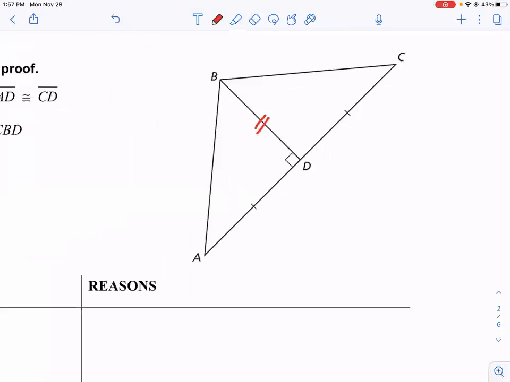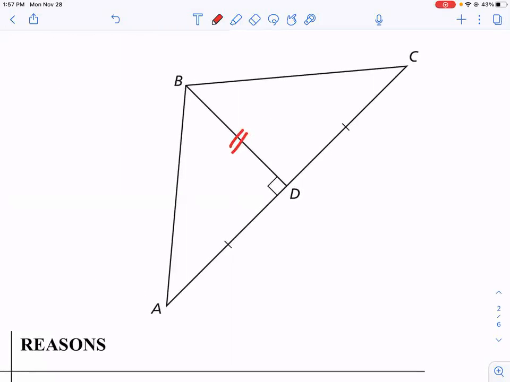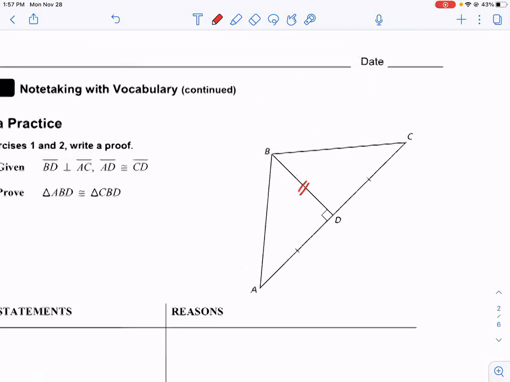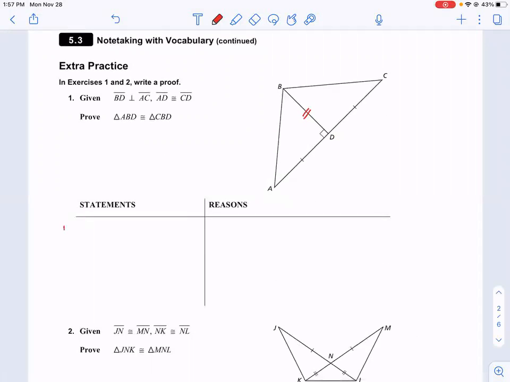We can see in our picture that these are going to be congruent by side angle side. We just need to get all the information out. So we always start with the given. BD is perpendicular to AC and AD is congruent to CD.